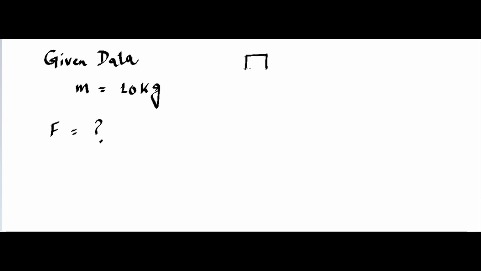Consider this box as an object. Earth is pulling this object in the downward direction with the force W, that is equals to mg. If we want to prevent this object from falling, we have to apply equal and opposite force to the W, that is F, in upward direction.